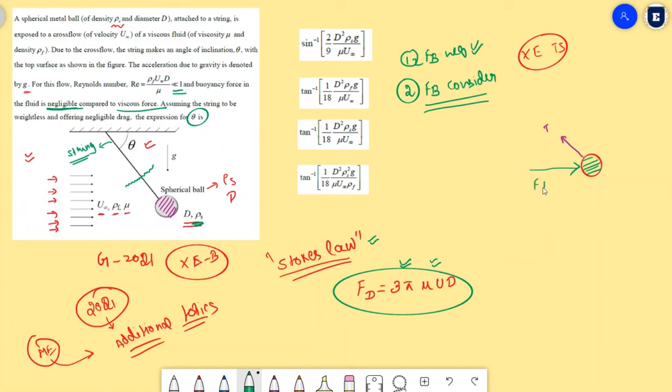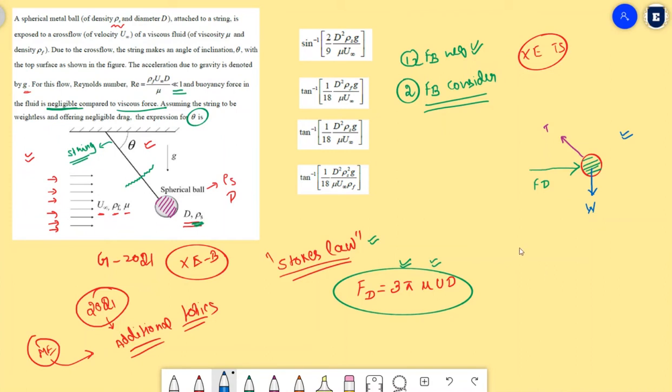In addition to drag force, the weight of the spherical ball will also act on the sphere. So these are the three different forces. Once you have drawn this, the problem is almost done. Finding theta becomes very simple for you.